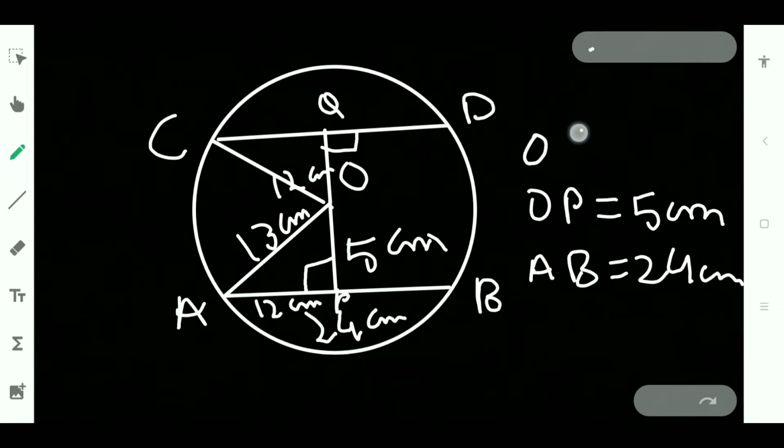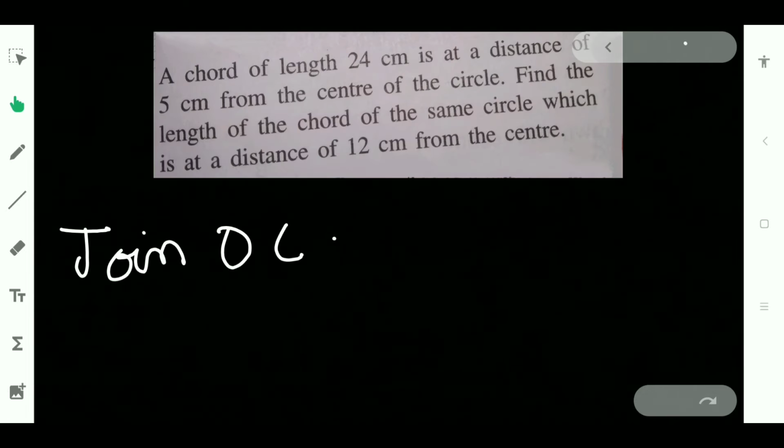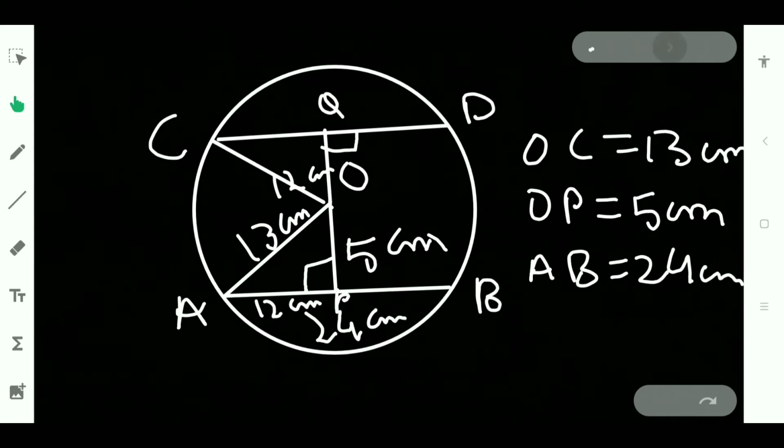So OC also will be equal to 13 centimeter because OA is radius and it is 13 centimeter. We have proved here. And OC is also radius, so it will be 13 centimeter. OC is 13 centimeter and OQ is given 12 centimeter because it is the distance of 12 centimeters from the center, means this CD chord is drawn, right?